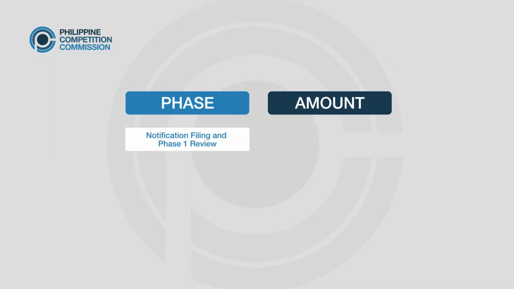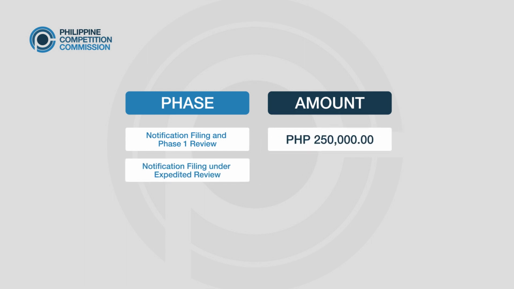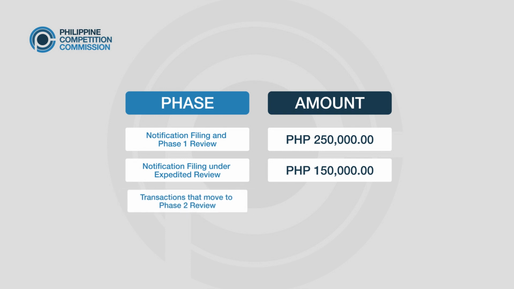For notification filing and Phase 1 review, parties need to pay 250,000 pesos. For notification filing under expedited review, parties need to pay 150,000 pesos. For transactions that move to Phase 2 review, the parties need to pay 1% of the value of the transaction, which shall not be less than 1 million pesos nor exceed 5 million pesos.